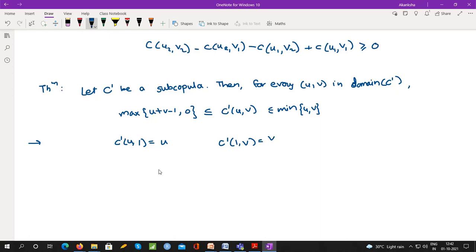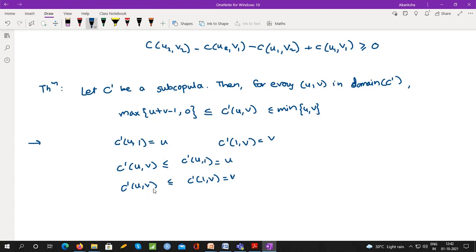Okay, and C prime of u, v will be less than or equal to C prime of u, 1 because the function is increasing in the second argument, and this is u, correct? Similarly, C prime of u, v will be less than or equal to C prime of 1, v, which is v.